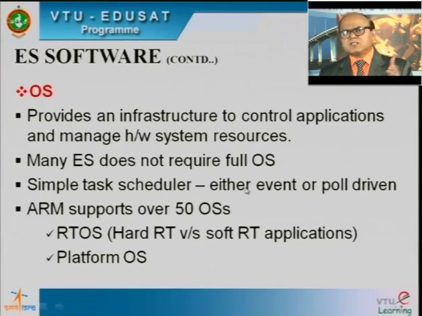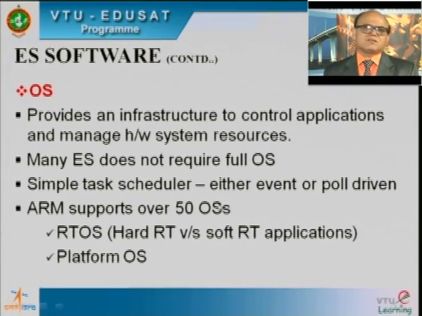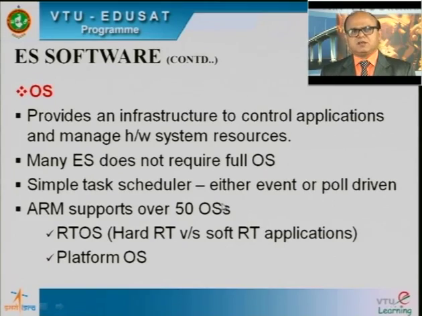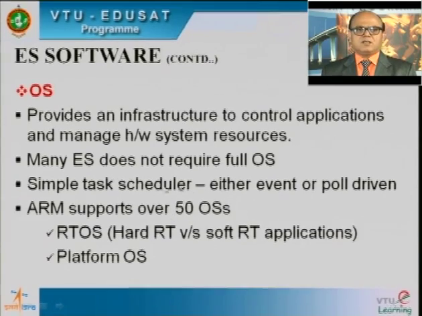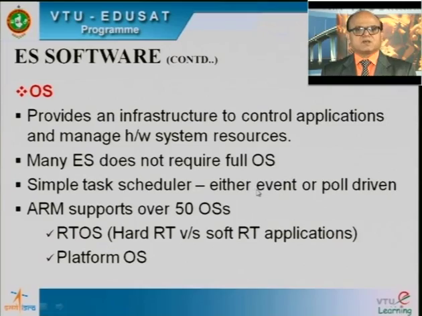A lighter OS has lesser functionality, but such an operating system will satisfy the requirements of the embedded system. A simple task scheduler, either event driven or poll driven, will be sufficient in such cases.